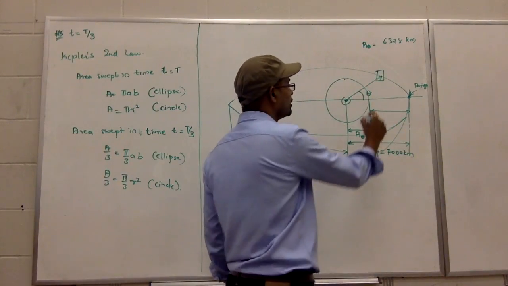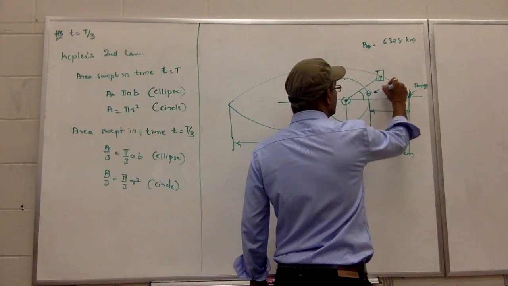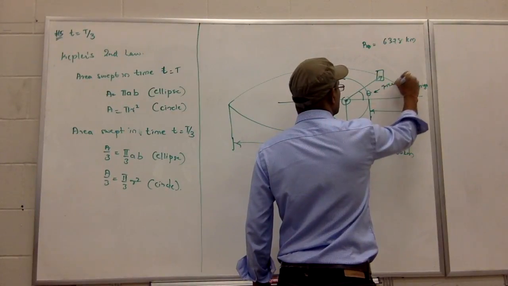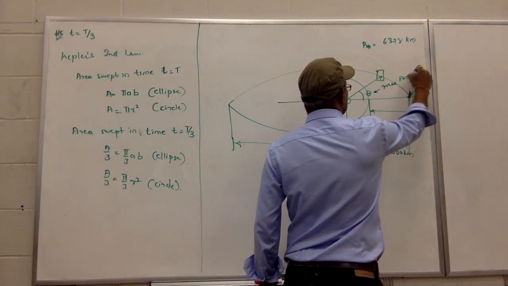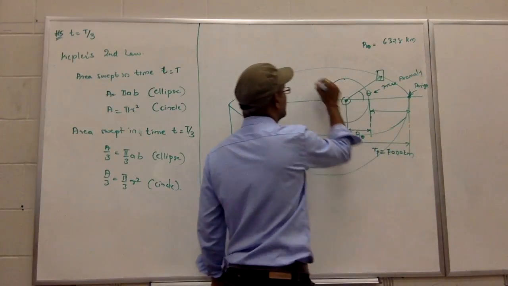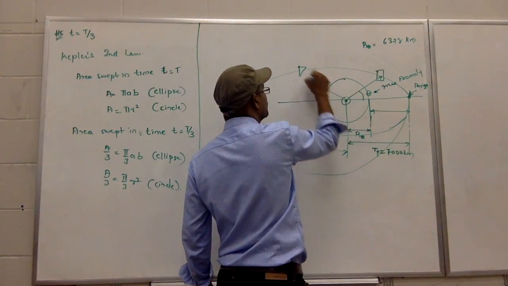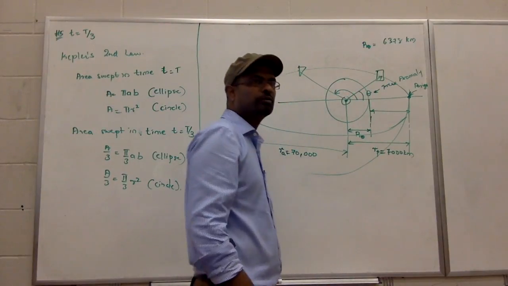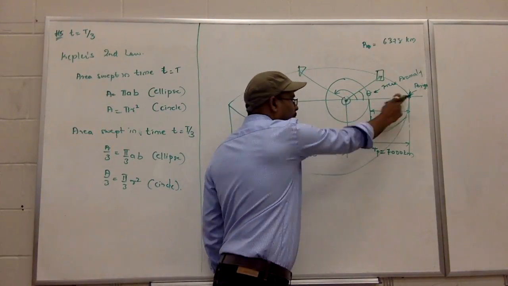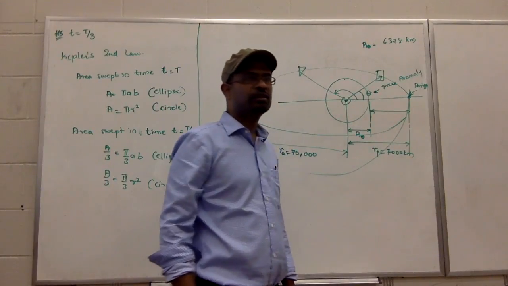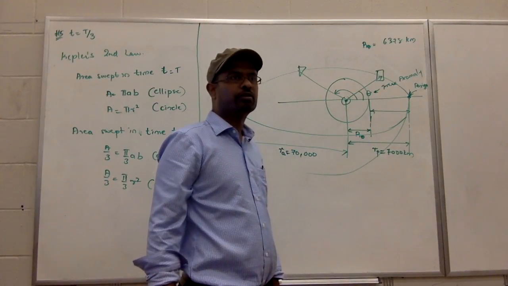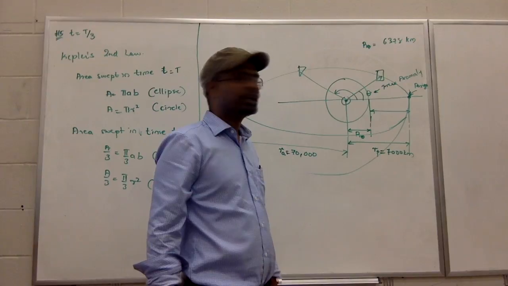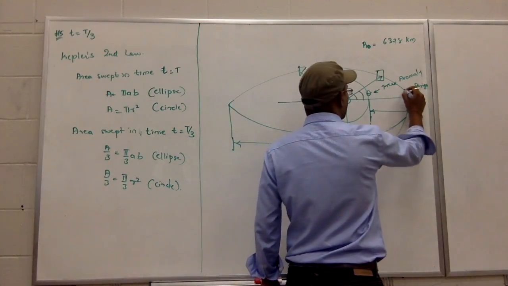This is the true anomaly. If your satellite is here, this is the true anomaly. You see that? It starts from this perigee reference or perigee radius.